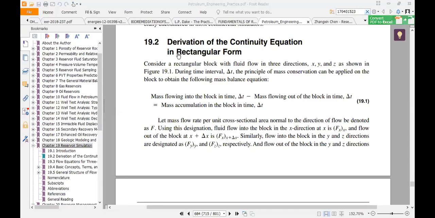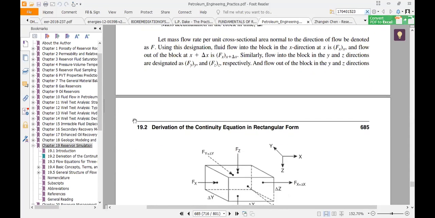Now, this is the derivation of the continuity equation in rectangular form. Of course, rectangular form means regular Cartesian coordinates. It could also be done in radial or cylindrical coordinates. It says consider a rectangular block with fluid flow in 3 directions, X, Y, Z, as shown in figure 19.1.